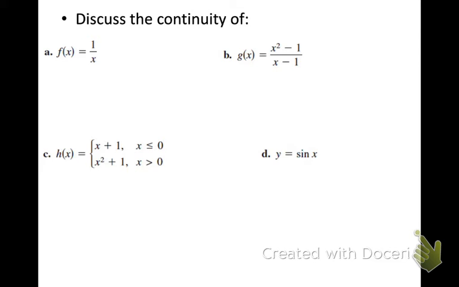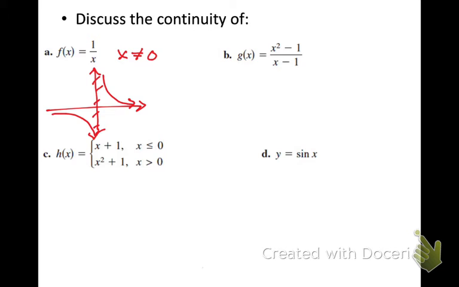Okay, so discuss the continuity of these. On the first one, we have f of x equals 1 over x. What do you know about that? I know that x cannot equal 0. Okay, so x cannot equal 0, so that is a vertical asymptote. At 0 the graph looks like this, and like this.